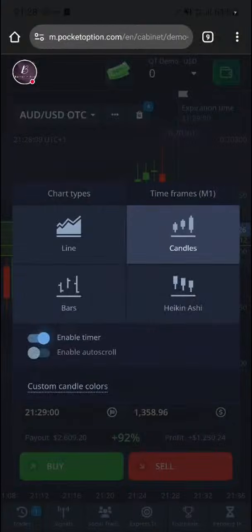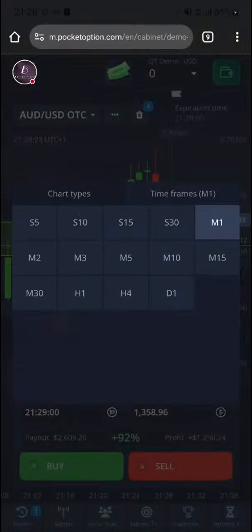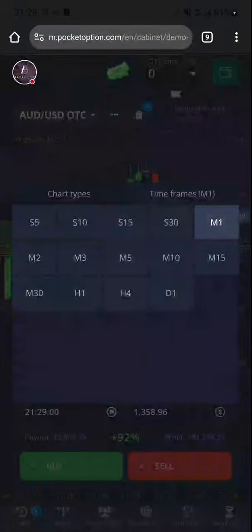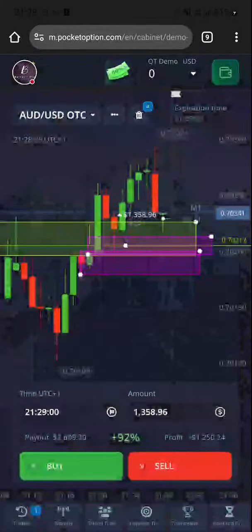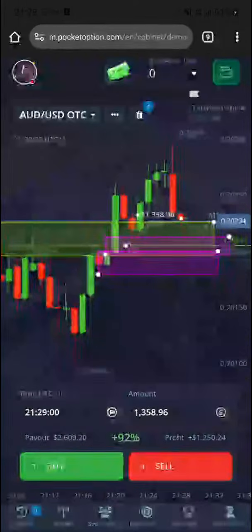In today's setup, we have candlesticks chart type. Then we'll enable the timer here and we'll disable this auto scroll thing. Now the time frame is going to be M1, and that's that for this side option.